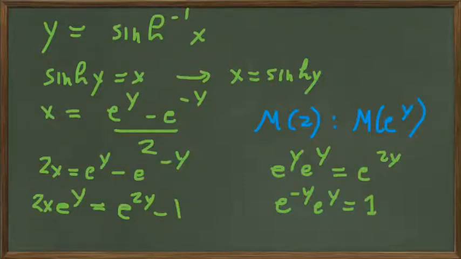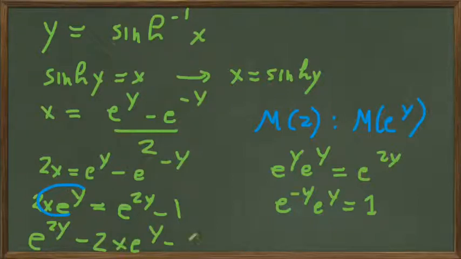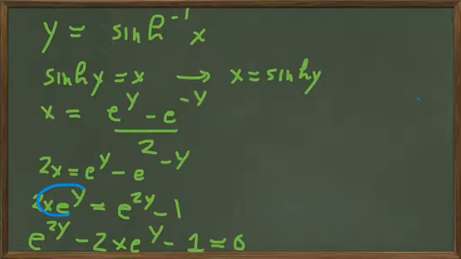And now we're going to rewrite this in sort of a descending order, e to the 2y. We bring this term right here over to the right side, and it is then subtracted, and minus 1. So we're setting it up as if it's a quadratic, and actually it is a quadratic if we let z equal e to the y.